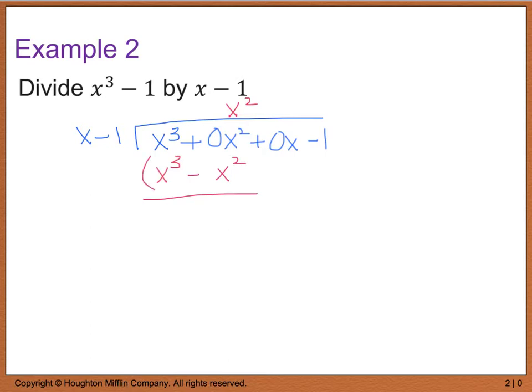I'm going to hug it with parentheses, slap a negative on it, and then distribute that negative here and here and change that to addition. So now I have x cubed minus x cubed, which is 0. 0x squared plus x squared will give me x squared.